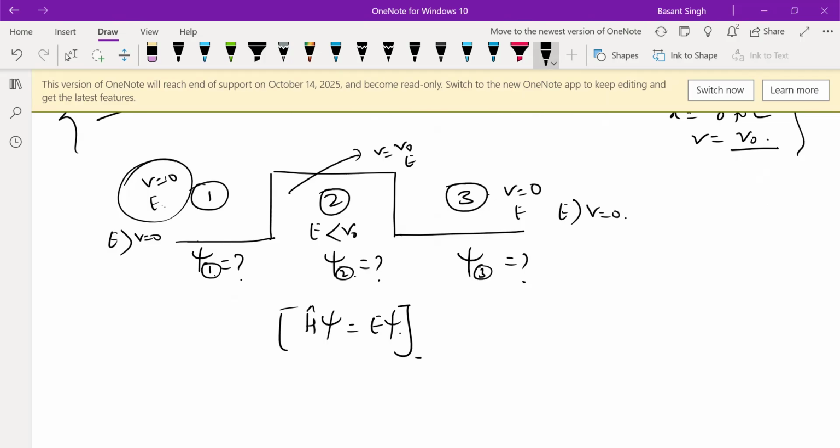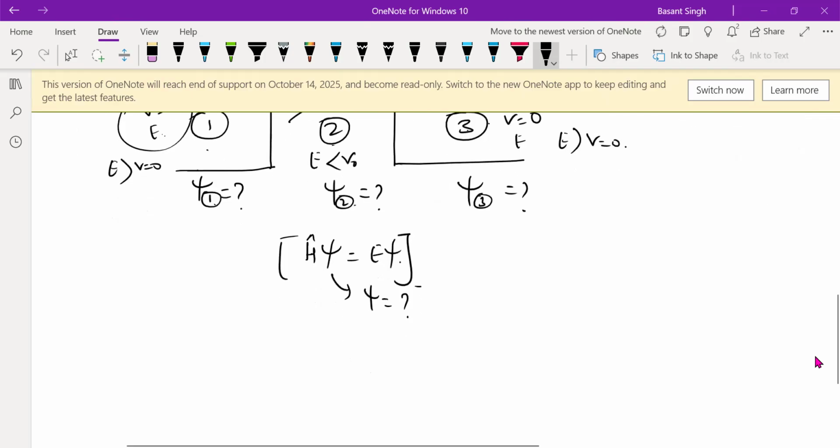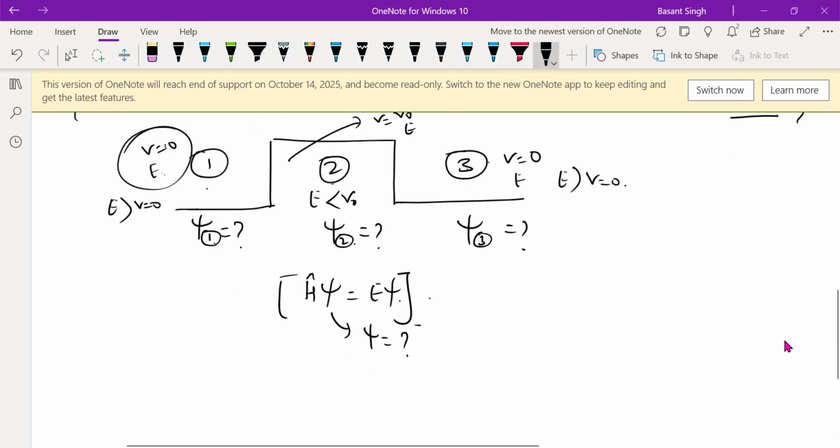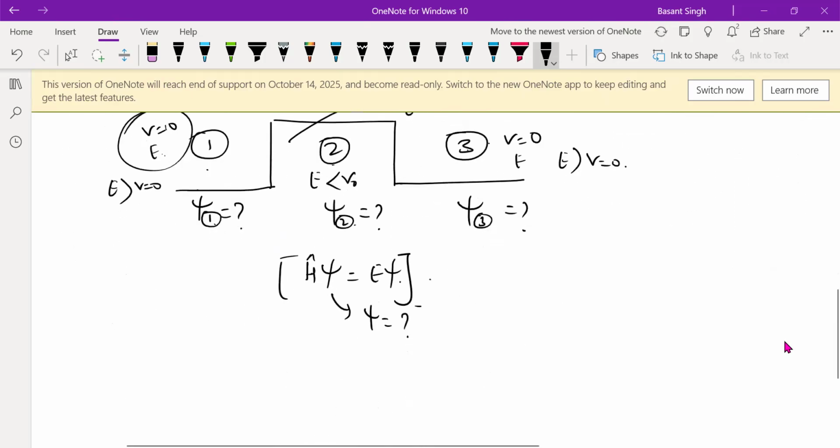So I would have to write the Schrodinger wave equation for these three regions separately, and then by solving we get psi. But without solving the Schrodinger wave equation, we are trying to write the wave functions correctly, and this is the method.